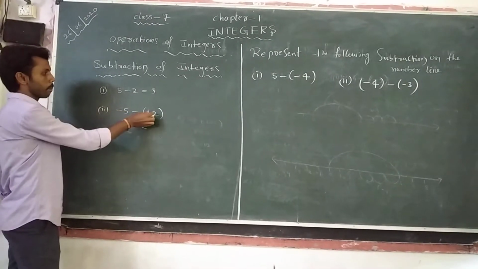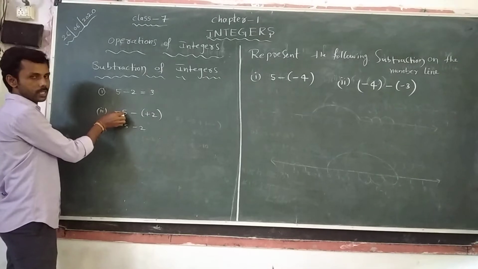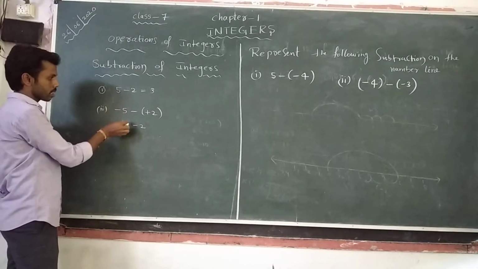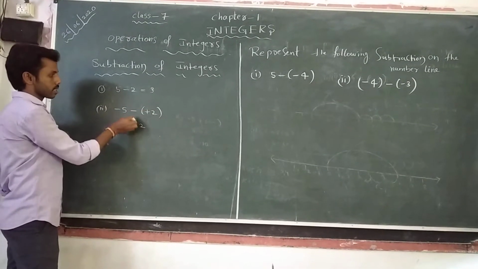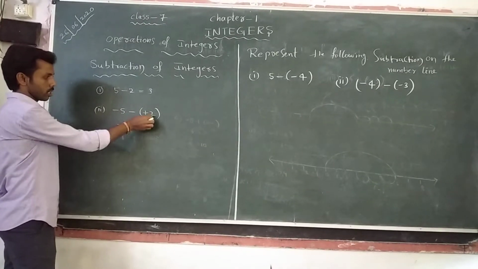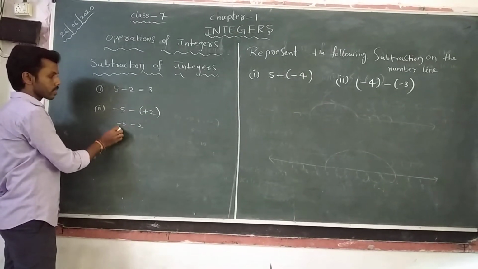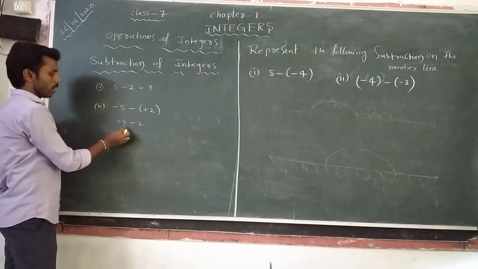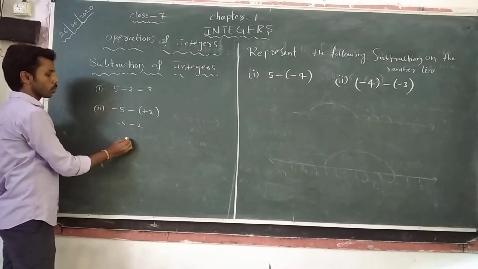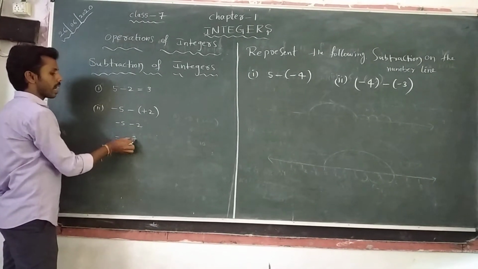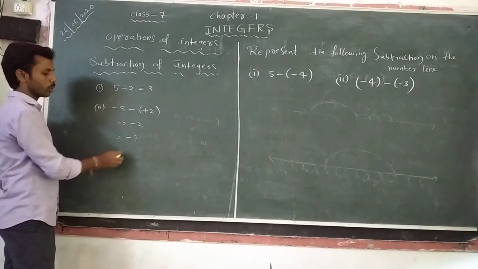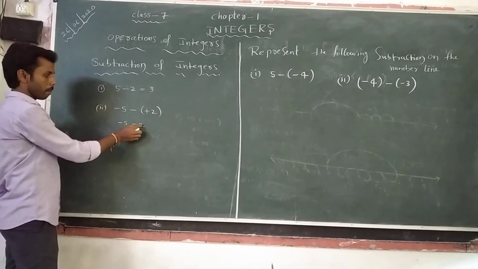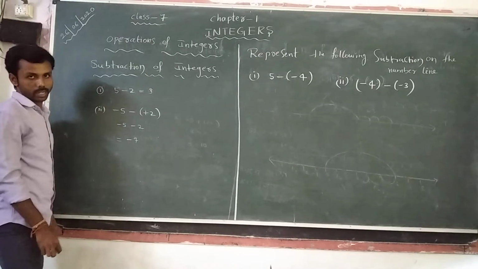So minus 5 stays as it is, and minus times plus gives minus 2. So both are minus. Minus 5 and minus 2 make minus 7. The answer is also a negative integer. So minus 5 minus 2 equals minus 7.